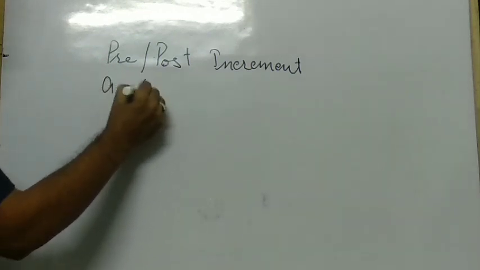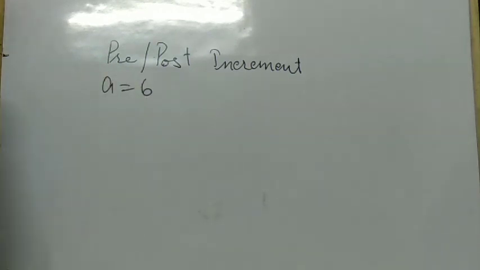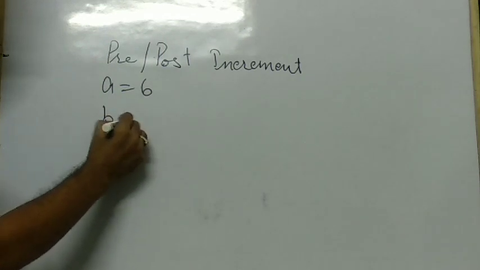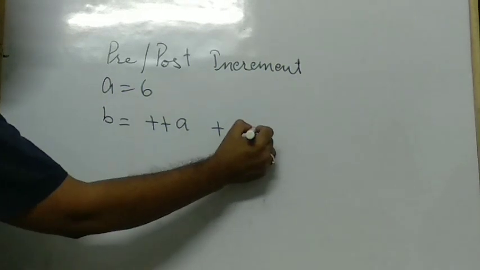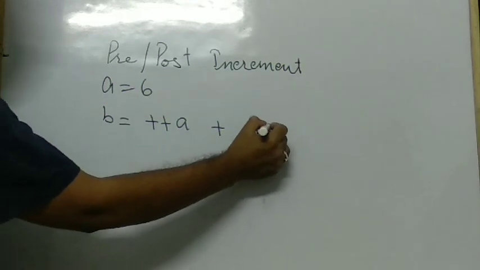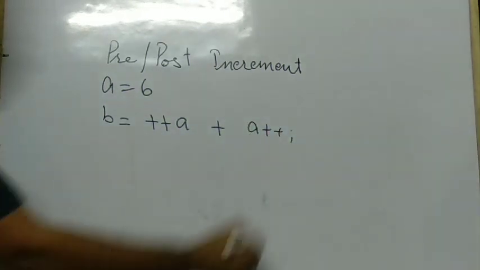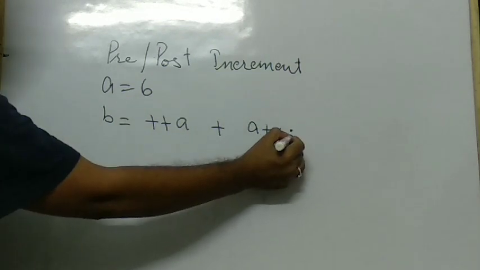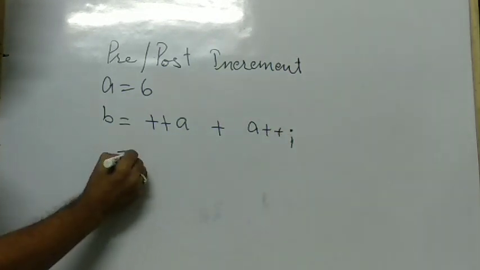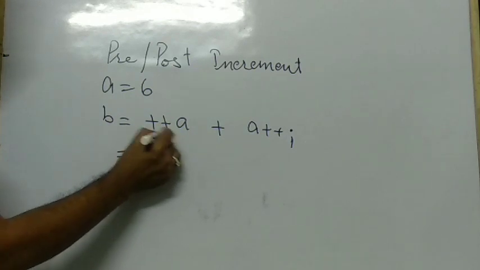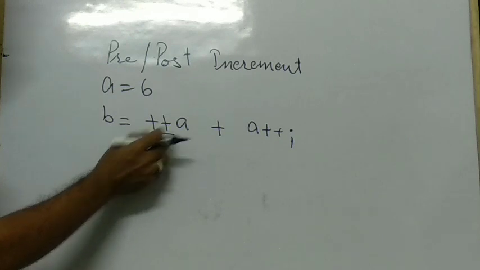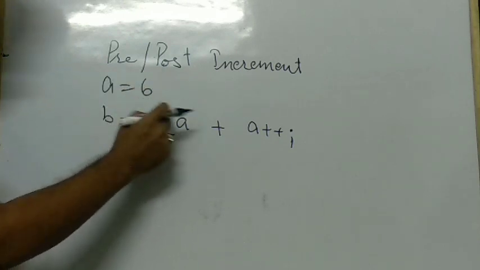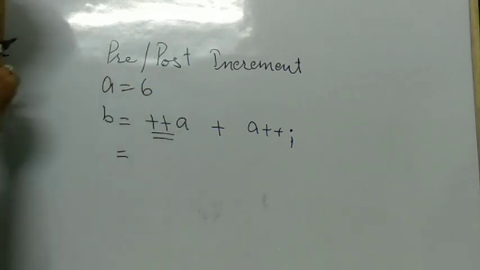Suppose the value of a is 6, b equals plus plus a plus a plus plus. So here what is first? Plus plus a, that is the pre-increment operator. For pre-increment, first we process, that means we increase the value and then read the value.